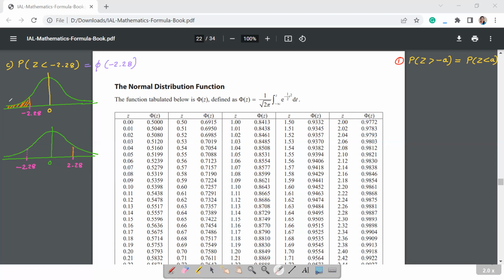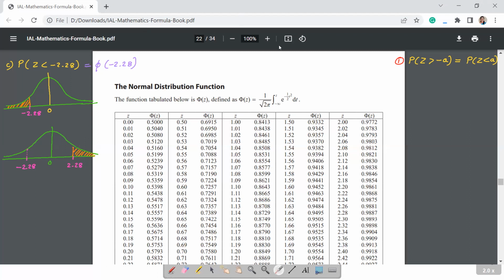Now you can see you have shaded a very small area. That small area you can get from this area. If I draw like this, this small area here is equal to this small area here. Can you guys see? Okay, so I can give a general rule here to make things easier for y'all.